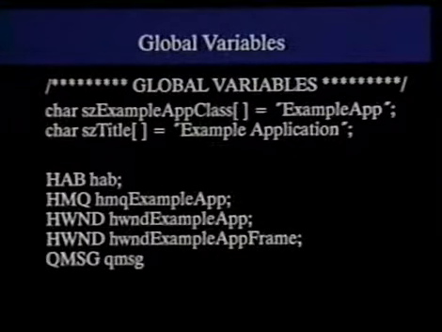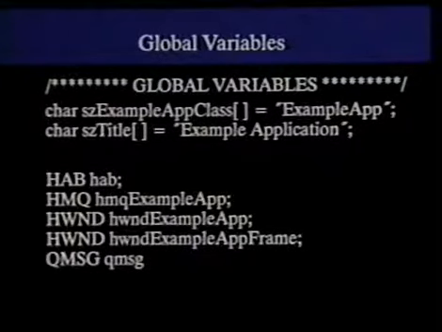the system. So the first one is the HAB, a handle to an anchor block. An anchor block is information within the system that the presentation manager system uses to keep track of information about the application's environment. We're going to build a message queue for handling messages that are going to be sent to the application, and so we'll need a handle to that.